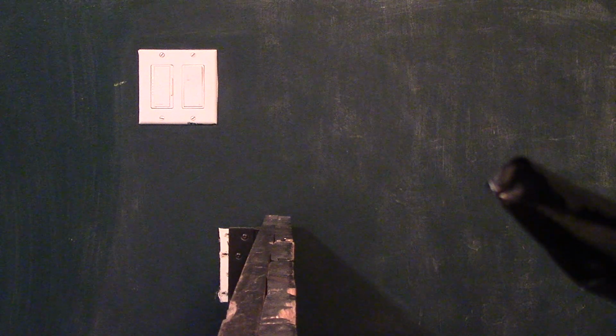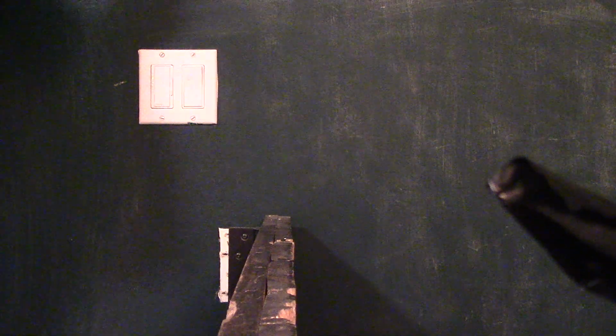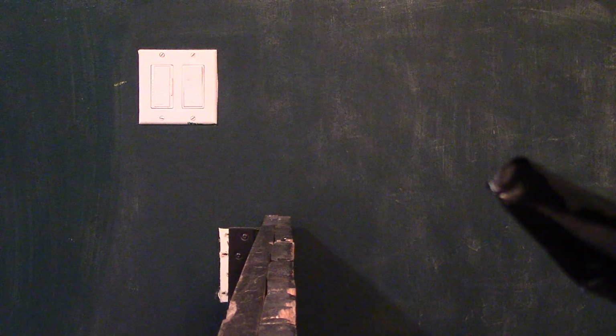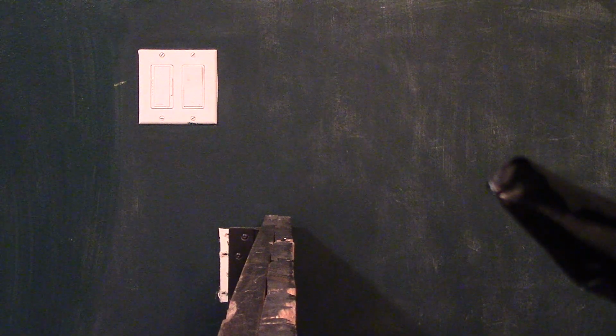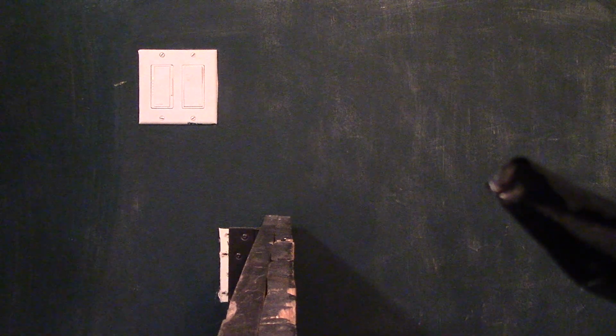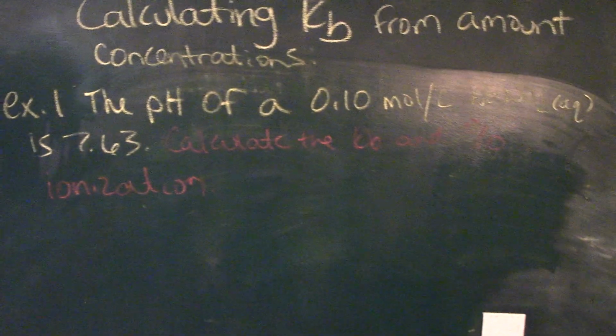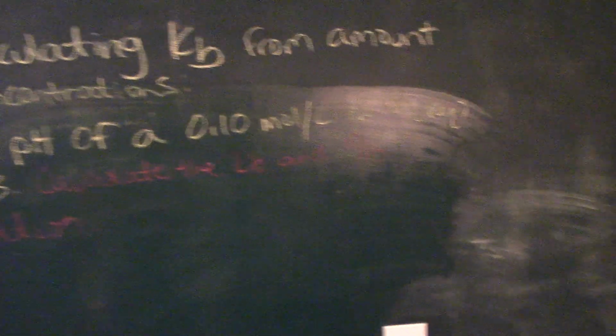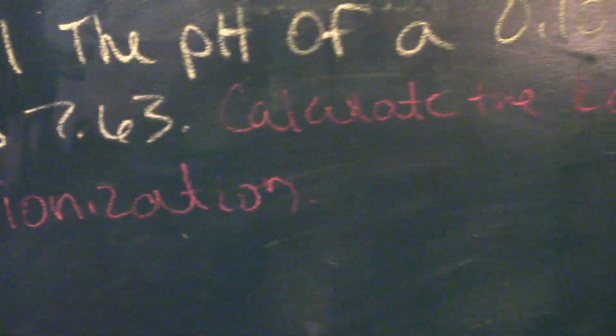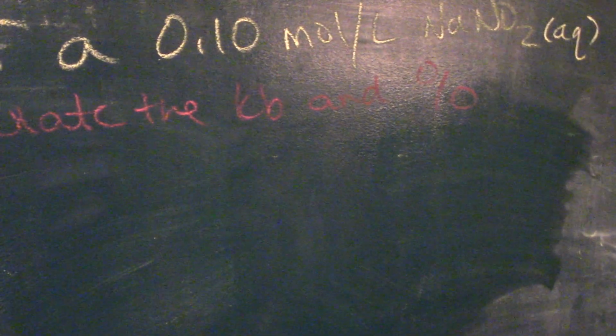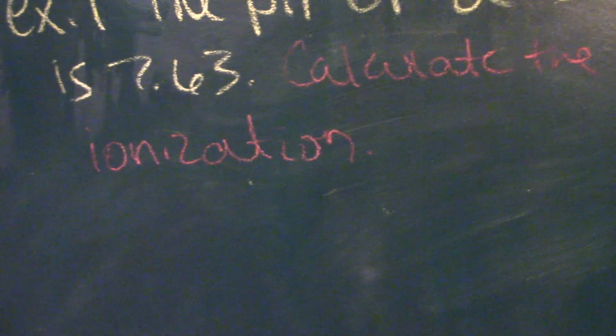Calculate the Kb and percent ionization. So the pH of a 0.10 mole per liter solution of NaNO2 is 7.63. Calculate the Kb and the percent ionization.